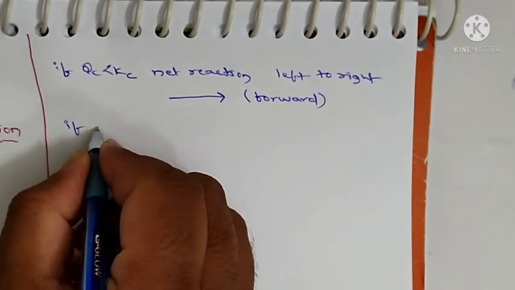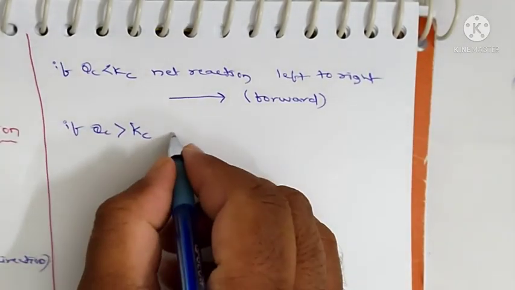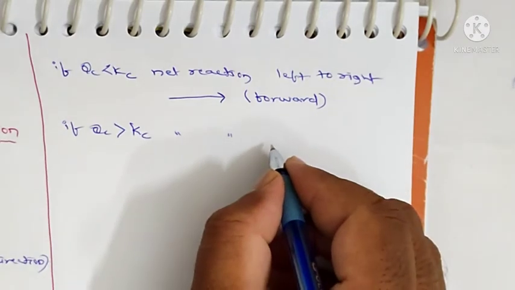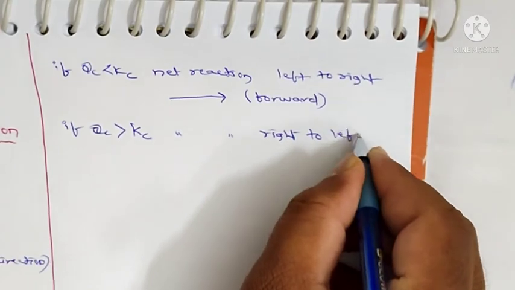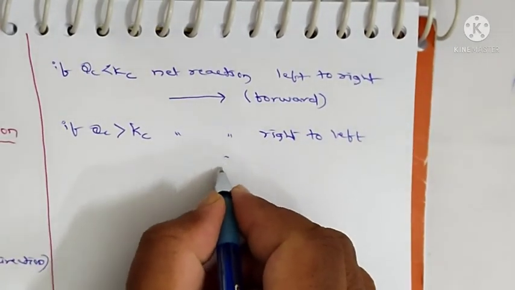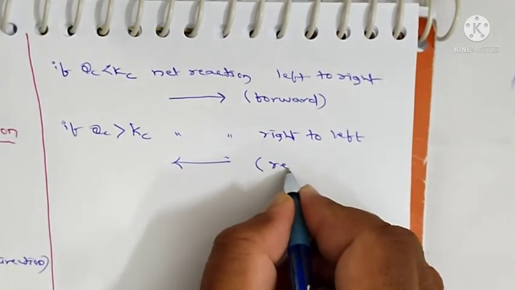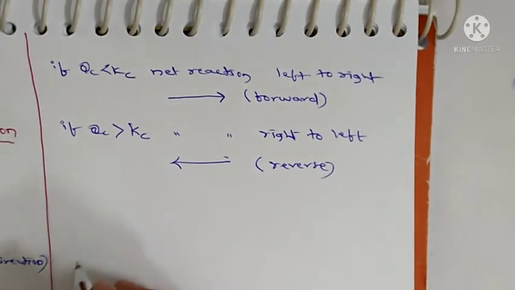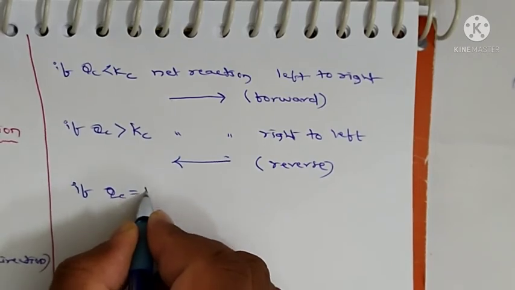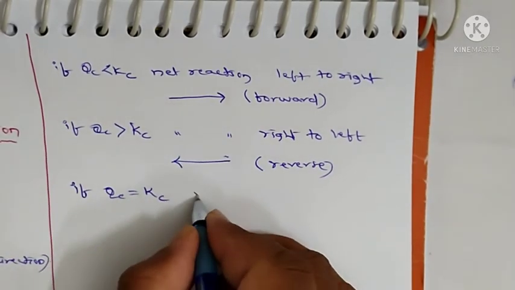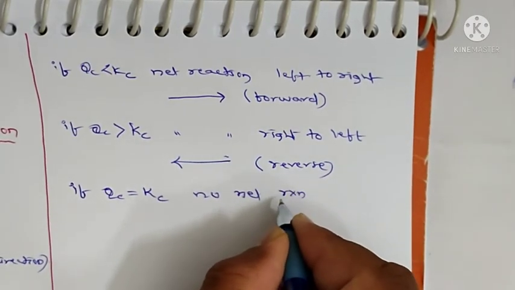And if Qc is greater than Kc, the net reaction goes from right to left. Right to left means reverse direction. And if Qc is equal to Kc, no net reaction occurs.